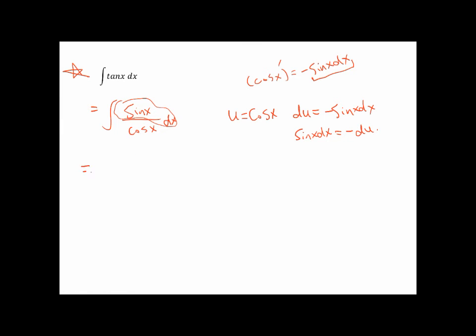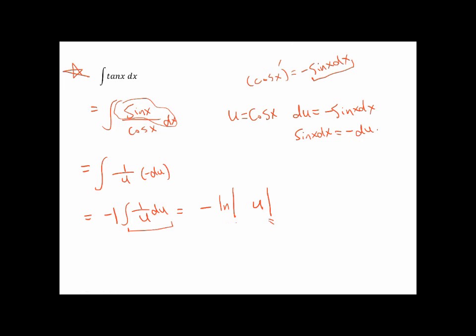Plug in, which is 1/u times negative du. Yes, so I take the negative 1 out, which is negative 1, multiplied by 1/u du. This part is natural log absolute value u.